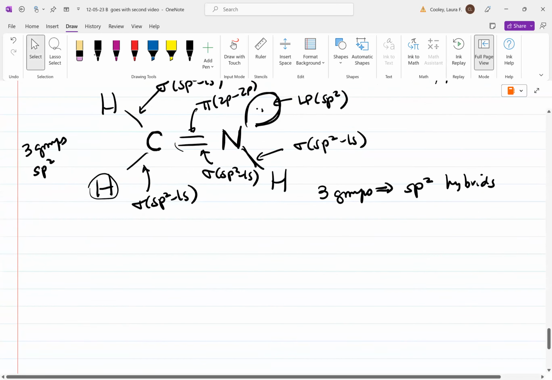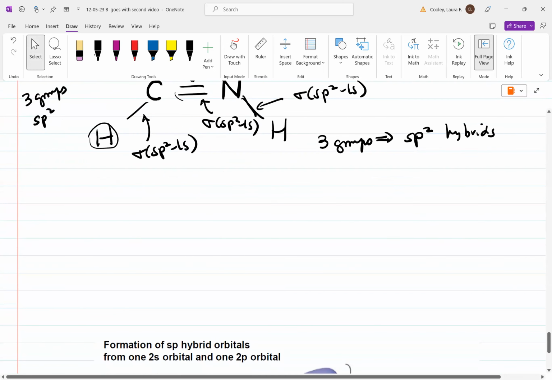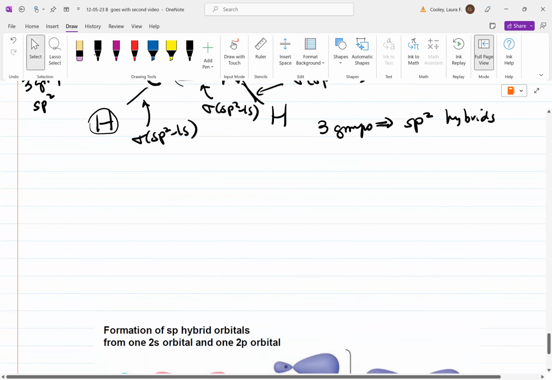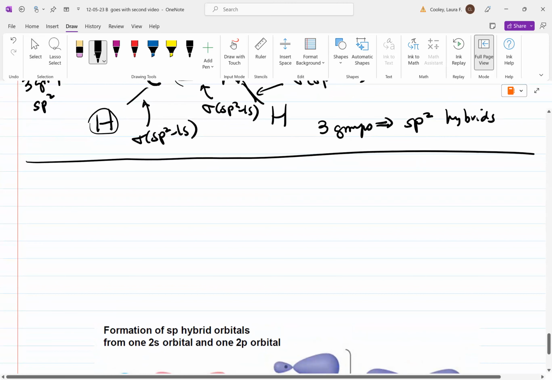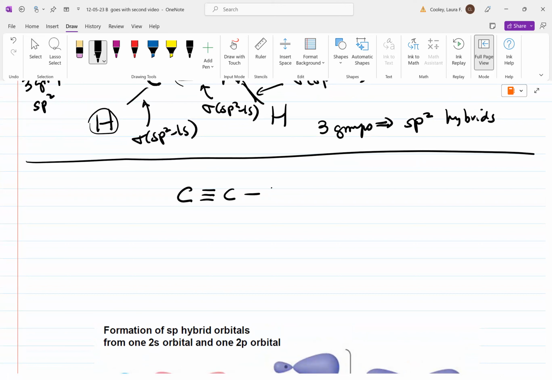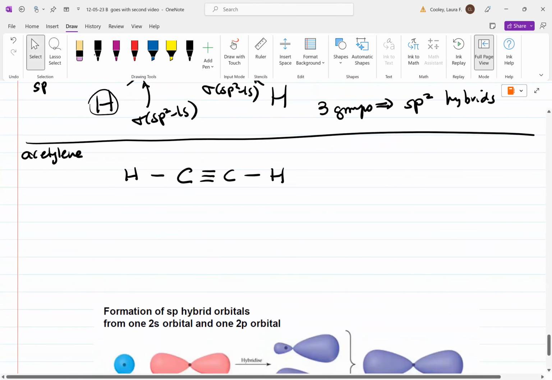Now, I did start the next example, which was acetylene, C triple bond C, H, H. So it's C2H2. Okay, I didn't get very far though. But I did start to talk about the fact that you have two groups of electrons.